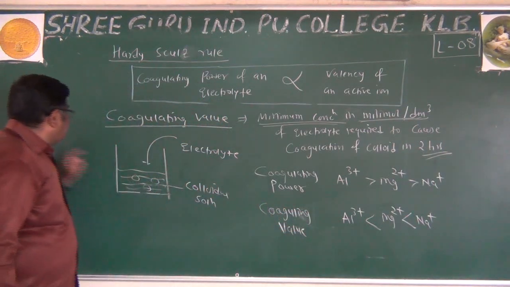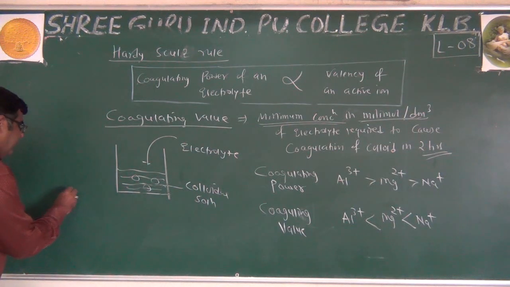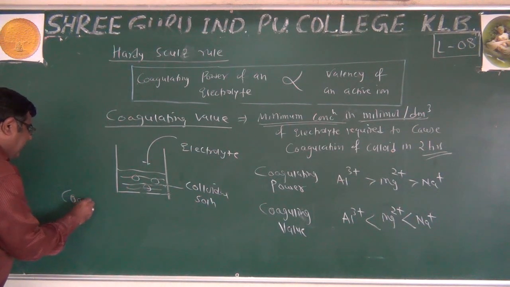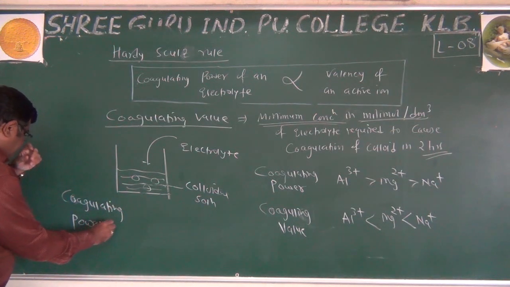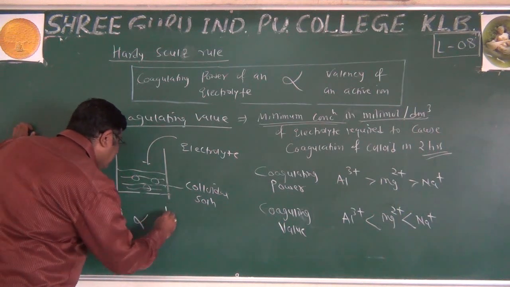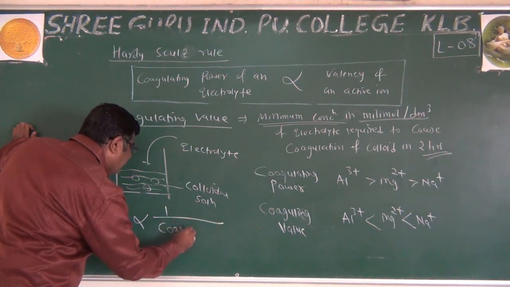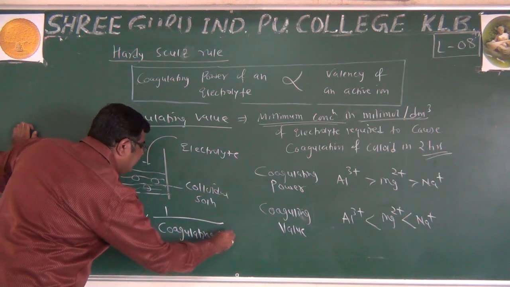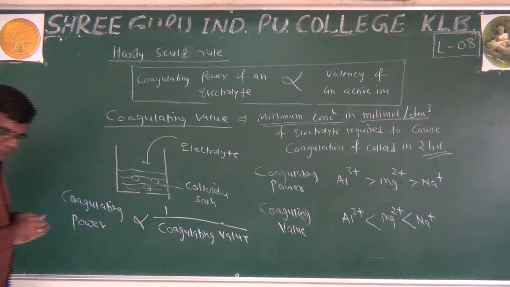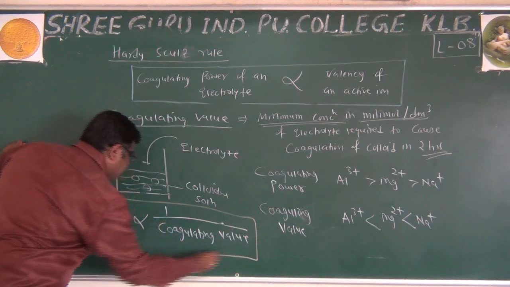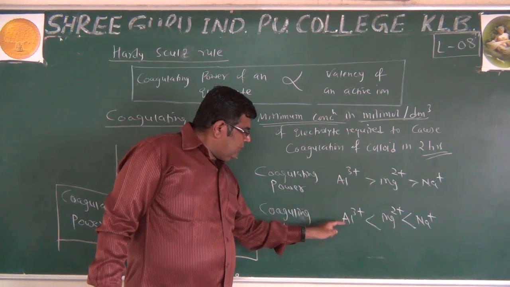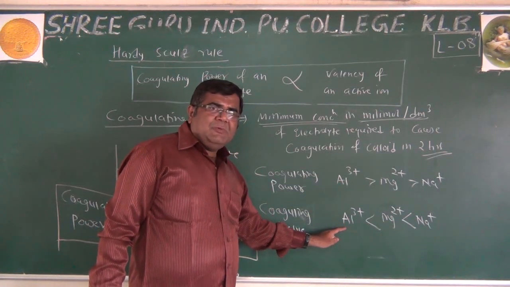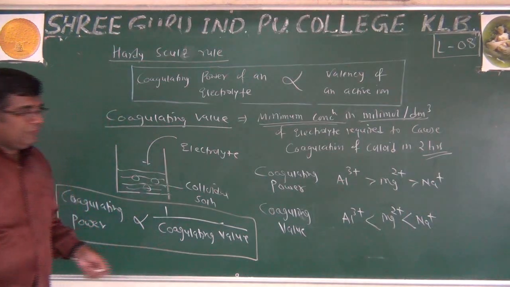So what we can say here, a very important relation: coagulating power is inversely proportional to coagulating value. Yes, a very important relation we are observing here. Greater the coagulating power, smaller is the coagulating value, means it is inversely proportional.